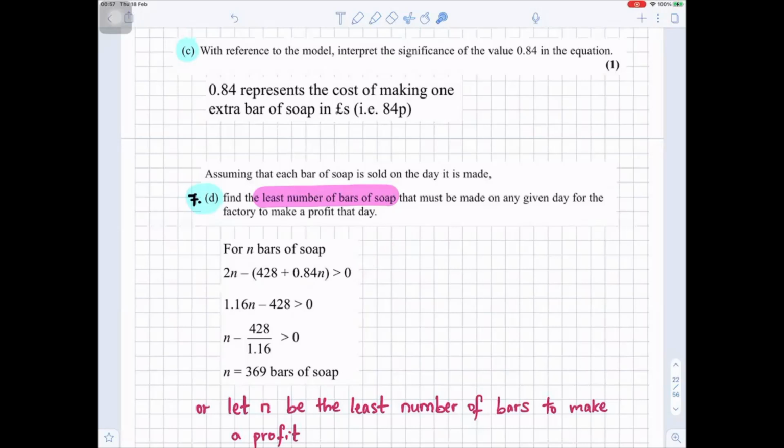So 1.16n, 2 minus 0.84 is 1.16. 1.16n minus 428 is greater than 0. So you can divide by 1.16. So n is equals to 428 divided by 1.16, which will give you 369 bars of soap.